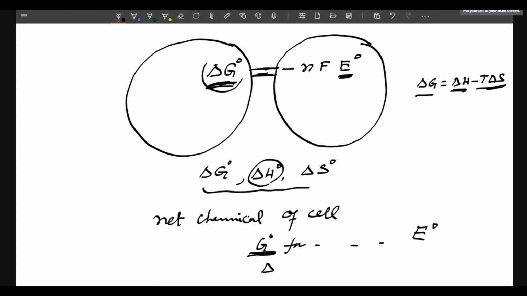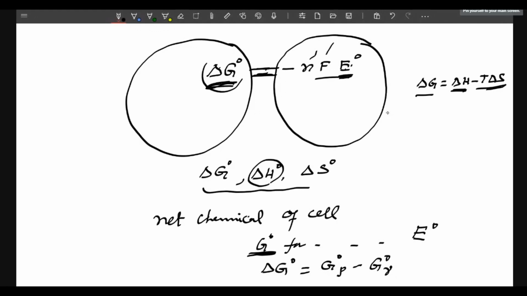You can calculate delta G0 by making use of thermochemistry, that is, G0 of the products minus G0 of the reactants. From this delta G0, where F is the Faraday constant and n is the number of electrons involved in the process, E naught can be easily calculated.